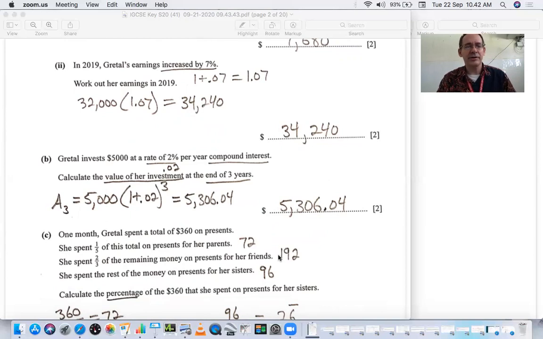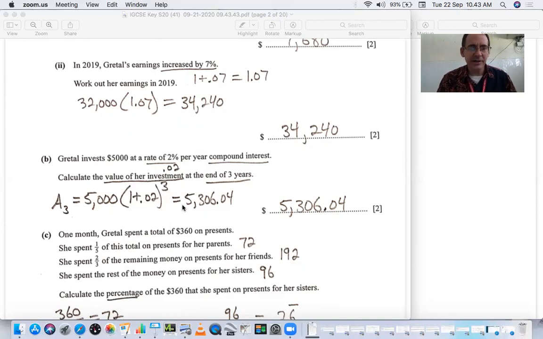In B, Gretel invests $5,000 at a rate of 2% per year compound interest. Calculate the value of her investment at the end of 3 years. So here's our compound interest formula. Our amount after 3 years will equal 5,000, which is our initial investment, sometimes referred to as the principal, times our 1, which represents the 100% of the original 5,000, plus a rate of 2% increase, so plus 0.02, raised to the power of 3 for the 3 years.